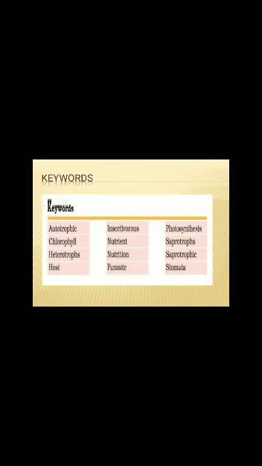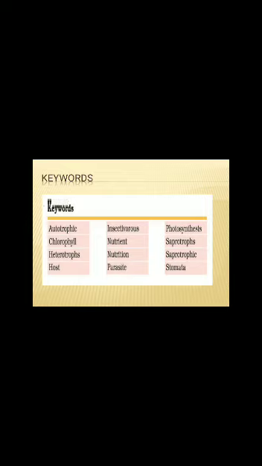A few keywords. Autotrophic: this is a mode of nutrition in which organisms like plants can make their own food. Chlorophyll: this is a green pigment which is present in the leaves and they are able to capture the sunlight to photosynthesize.